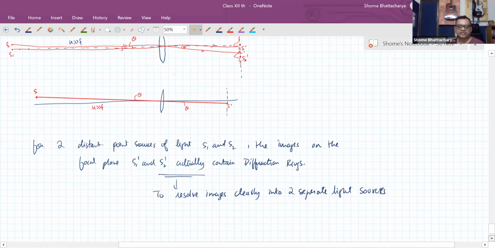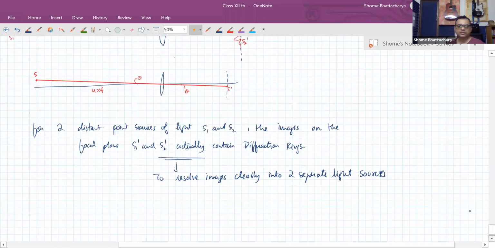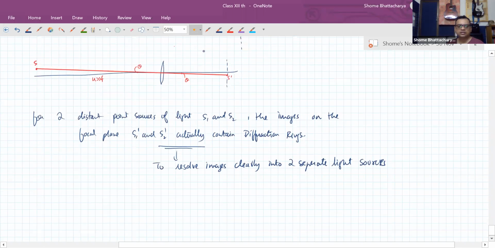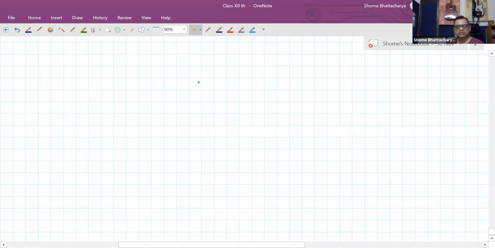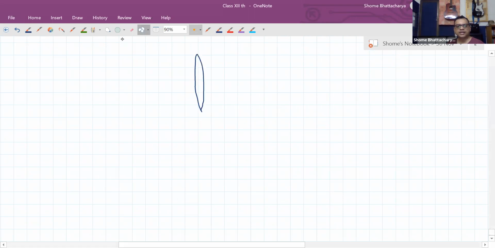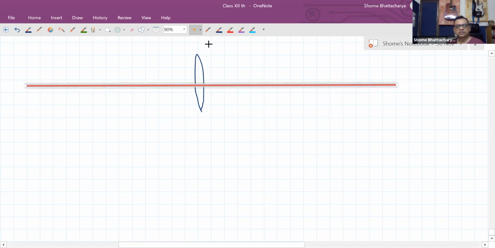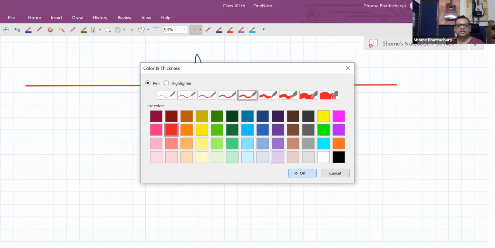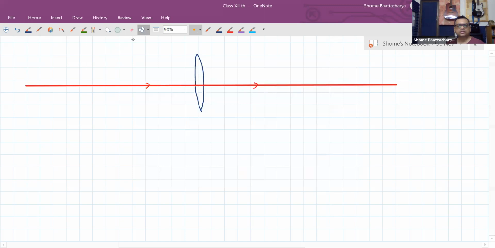See, basically it is something like this: at the level of the lens, if this is your principal axis, a beam of light coming exactly along the principal axis goes undeviated. So if you have a very distant source of light which is very far away but lying on the principal axis, then the light coming from that will be parallel beams very close to the principal axis.